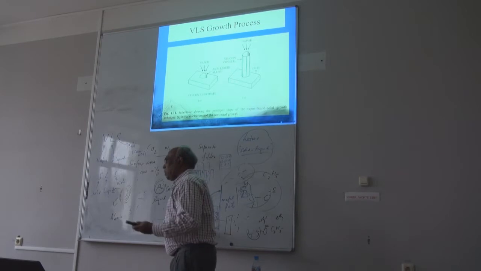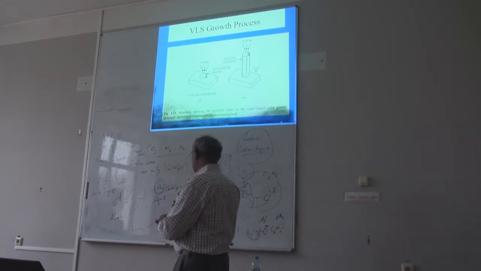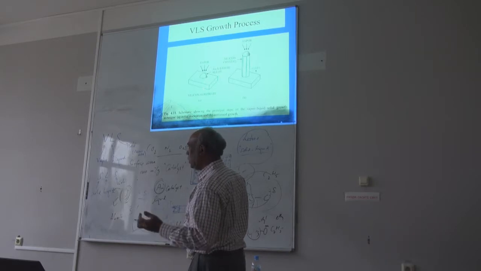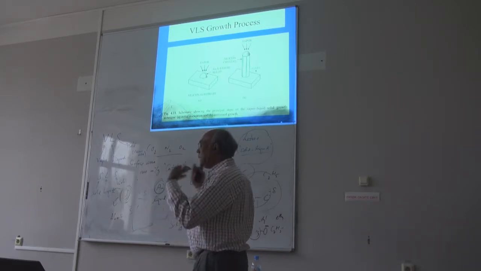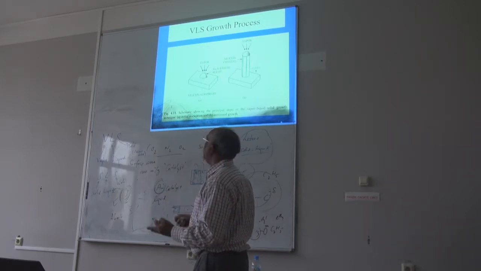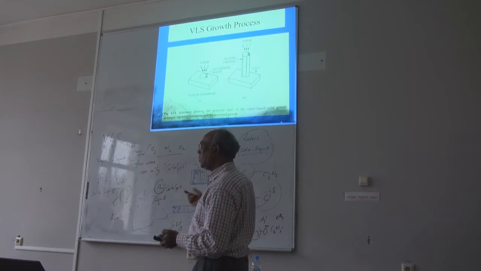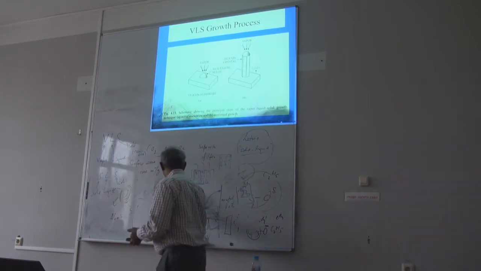Then you get the silicon vapor. Now you have this silicon vapor coming here. Now this is gold, that's a solid, but you have to heat the sample. When you heat, gold becomes a liquid, right?